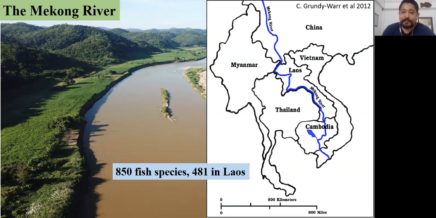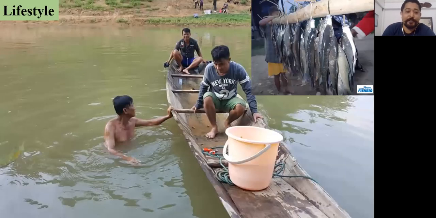Laos, or Laopedia, is a small landlocked nation in Southeast Asia, and 87% of the country's area drains into the Mekong River, contributing to 35% of the total river discharge. And that means all Lao tributaries and the mainstream Mekong River are known for their rich aquatic biodiversity.